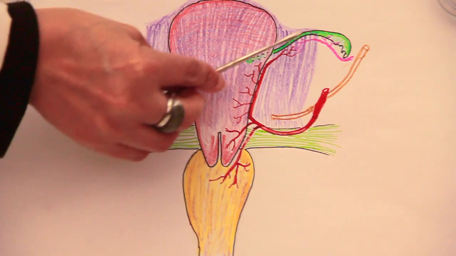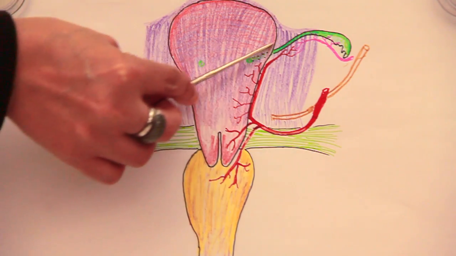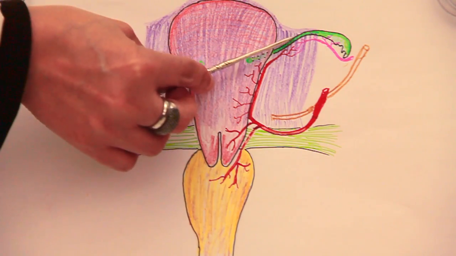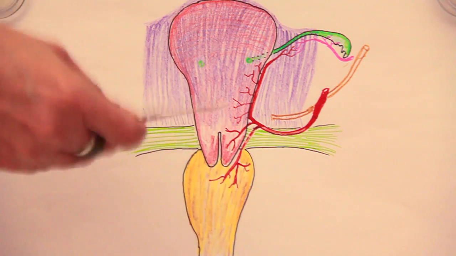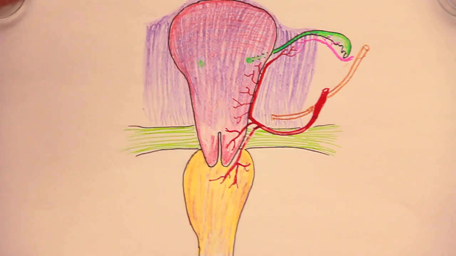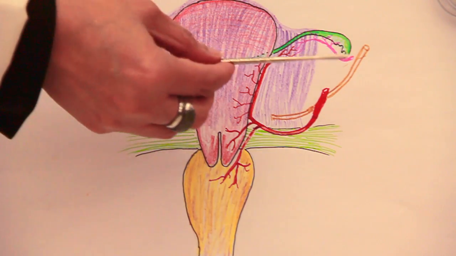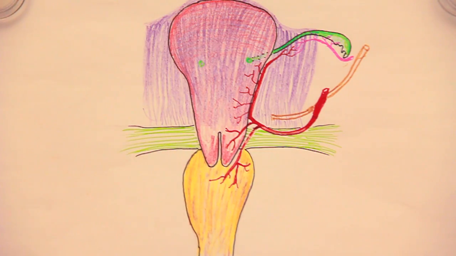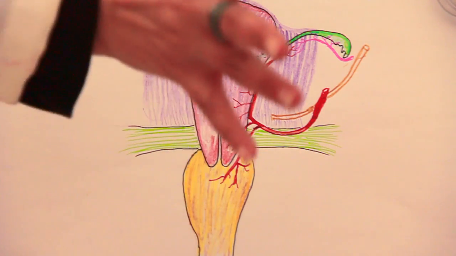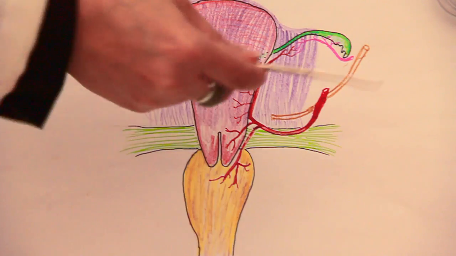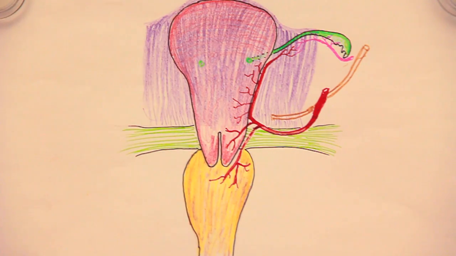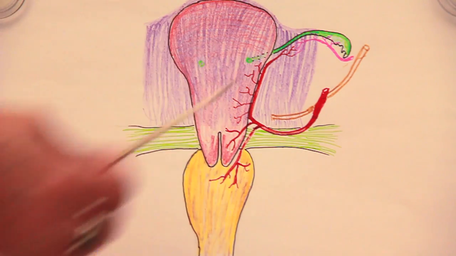Most part of the fallopian tube is present within the two folds or laminae of the broad ligament. But only the ampulla and the fimbriated end of the fallopian tubes are outside the fold of the broad ligament, so they are extraperitoneal.